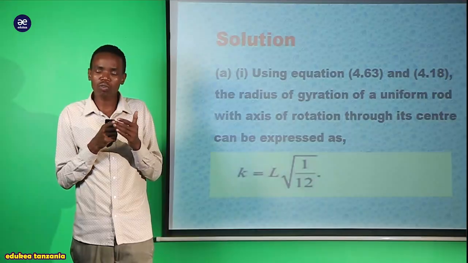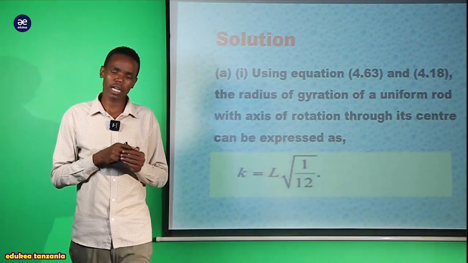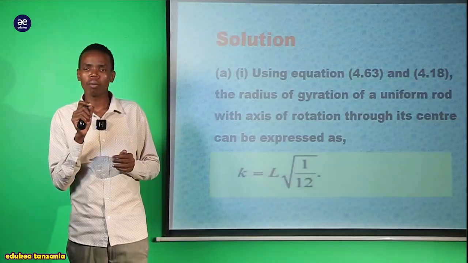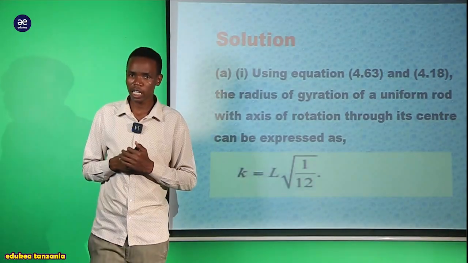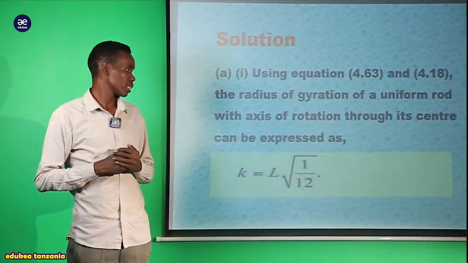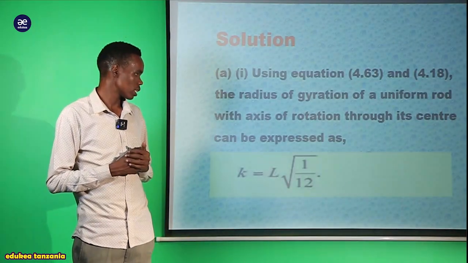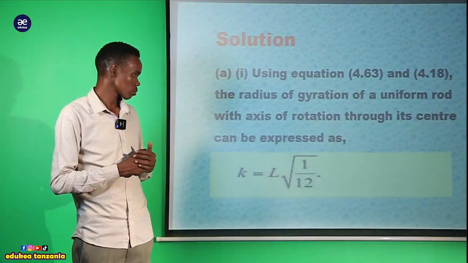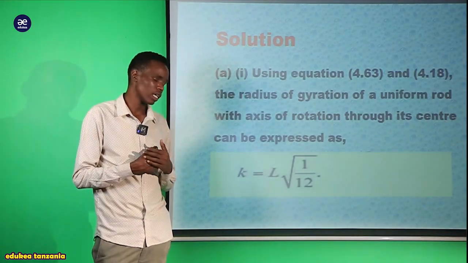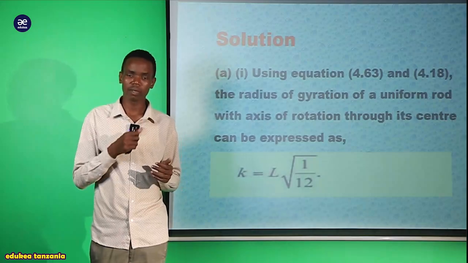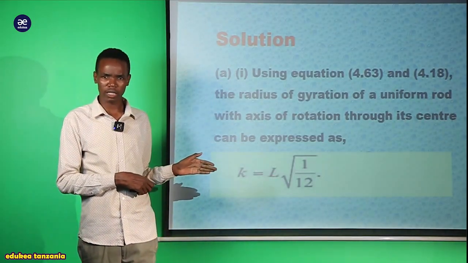If the radius of gyration is equal to the length, we put in the radius of gyration, and in the end we find that the moment of inertia is equal to 1 over 12 times m k square, and we want k square. We want the value of k. Now how can we get the value of k? We should say that this k, which represents the radius of gyration, must be equal to, here we try to equate.